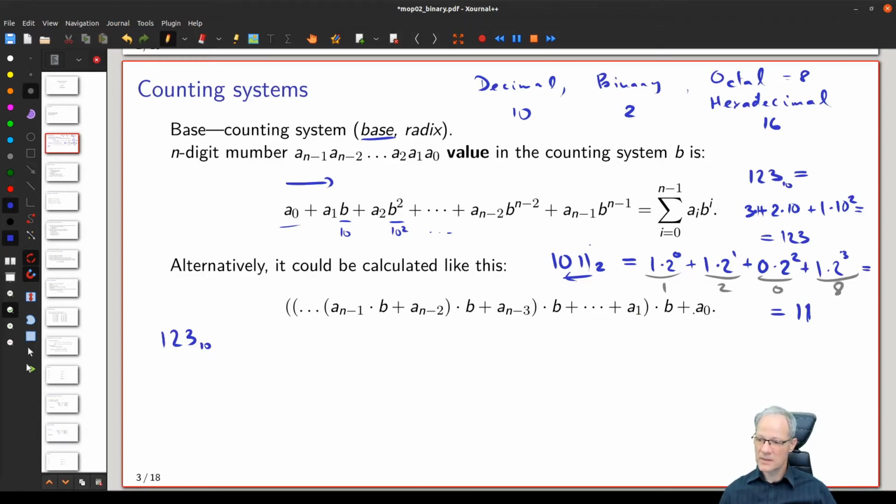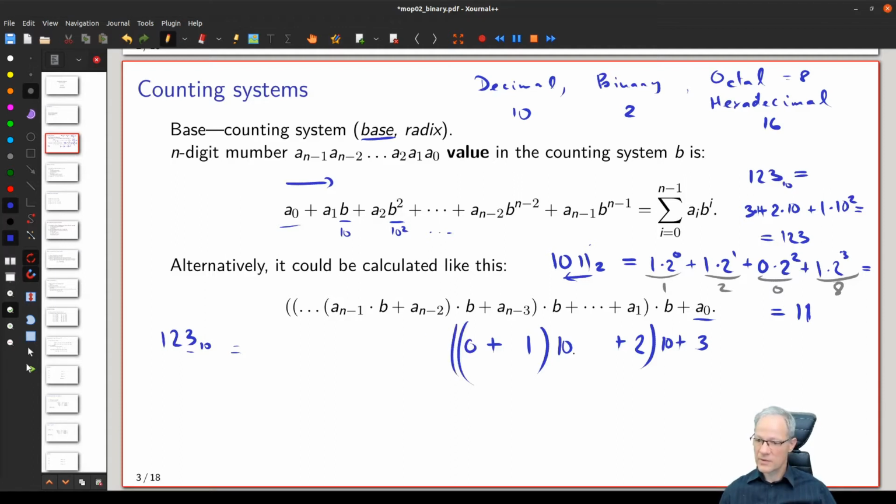A0 is 3, so it's equal to 3 plus base 10 times A1, which is 2, plus base 10 times A2, which is 1, plus 0, you could say.